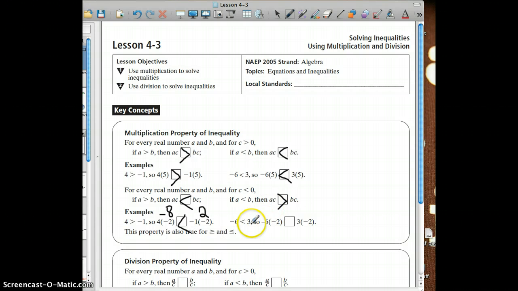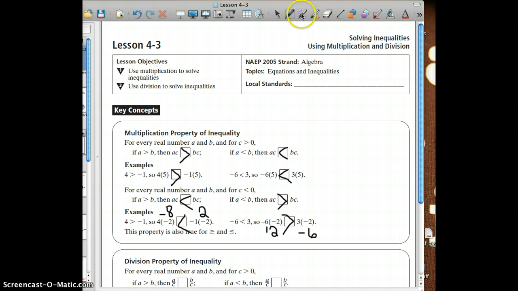If you have -6, which is less than 3, and you multiply both sides by -2 again, you're going to get a positive 12, because remember, a negative times a negative is a positive. And over here, you're going to get a -6. So which one is going to be greater? Again, it's opposite of the original sign. So you have a greater than sign here.